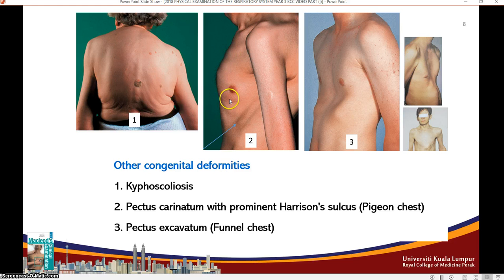Part of the sternum or the whole sternum becomes prominent, with or without prominent Harrison sulcus. Pigeon chest. 3. Pectus excavatum. Part or the whole sternum is depressed. Funnel chest.